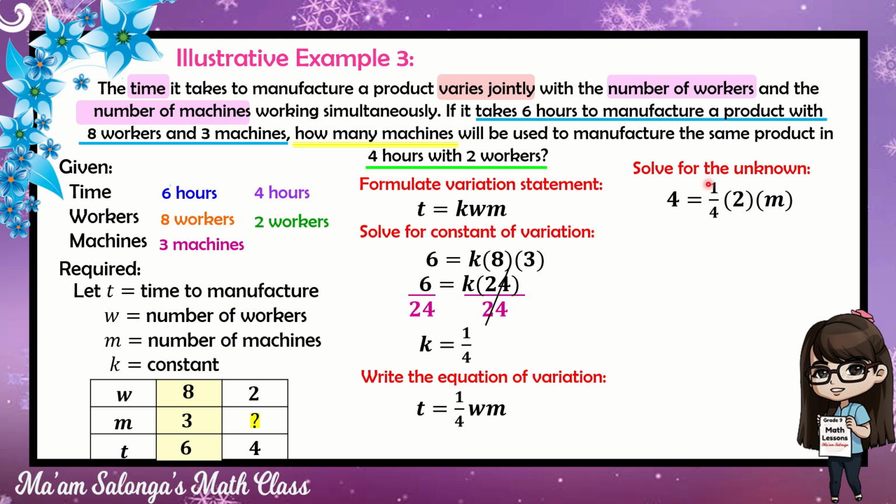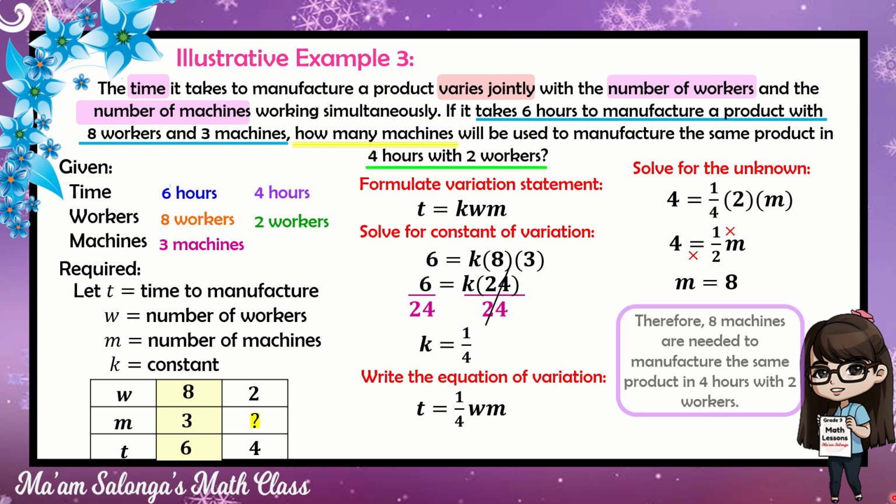We have 4 equals 1/4 times 2 times M. So, ang 1/4 ng 2 ay 1/2. And then, para hindi na tayo mag-divide ng complex fraction, we will multiply 4 and 2 and 1 times M. So, the answer is M equals to 8. So, therefore, 8 machines are needed to manufacture the same product in 4 hours with 2 workers.